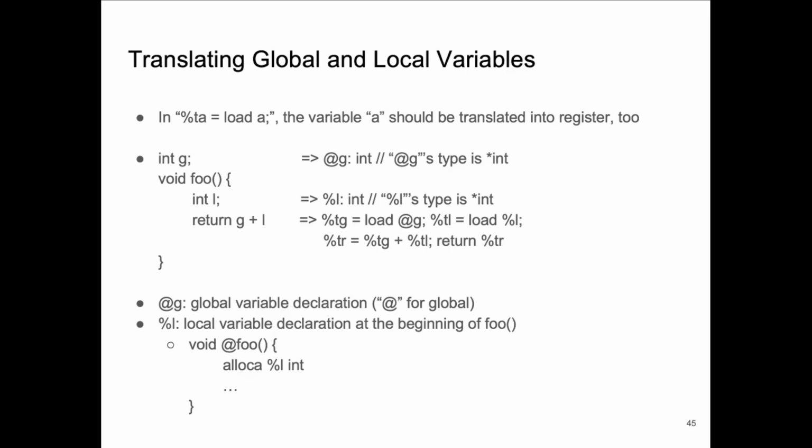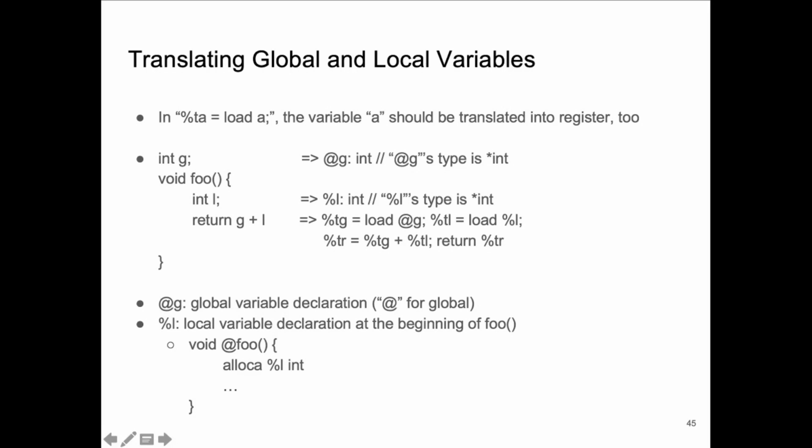It is important to note that the type of this @g is a pointer to integer. So this int g is translated into @g: int. This is going to be a pointer that is pointing to the value that is meant to store the same value as in C.